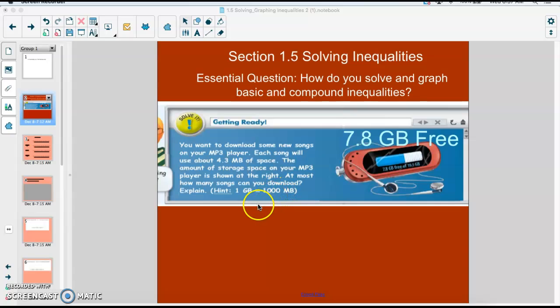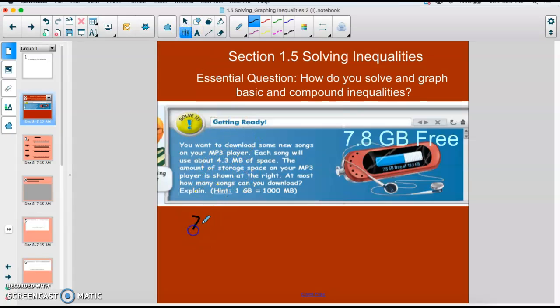Our first step would probably be turning gigabytes into megabytes, because that's what we're working with here with the 4.3 megabytes, right? So first we need to convert 7.8 gigabytes into megabytes.